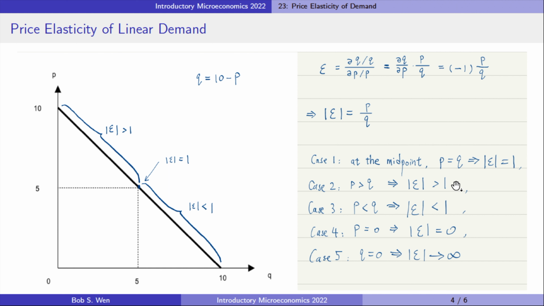The demand is price elastic. At points lower than the midpoint, the price is smaller than quantity, so the elasticity is less than 1. The demand is price inelastic. A 1% increase in price leads to a fall in the quantity of less than 1%.